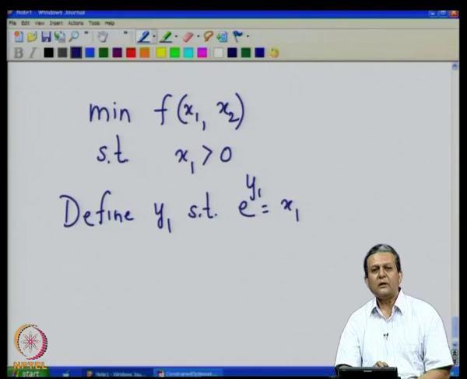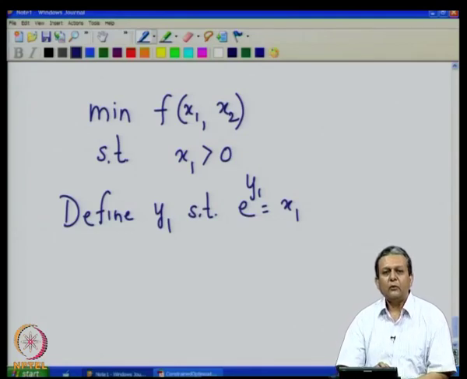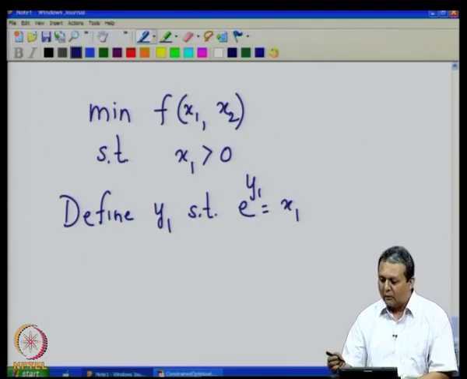So, many times it may be a good idea to see whether a problem can be converted to an unconstrained problem, although there is no rule that we always have to convert a constrained optimization problem to an unconstrained one. Sometimes the constrained optimization problems are easier to solve compared to unconstrained optimization problems.